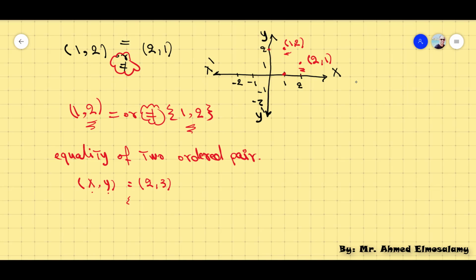First, make a line between them. The first element here is what? Is x, right? x equals. Where is the first projection here? It is 2. Very good. So x will be equal to 2. Where is the second projection? y. Where is the second projection here? It is 3. So x will be equal to 2 and y will be equal to what? 3.